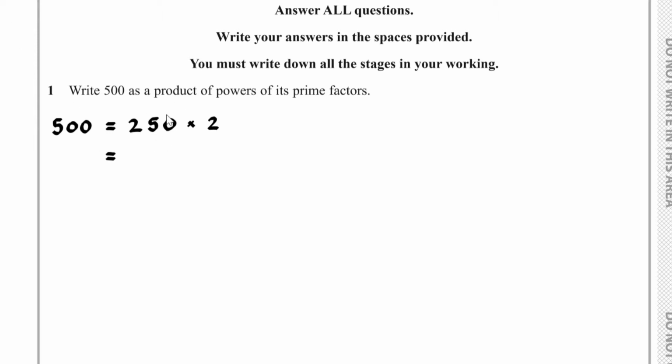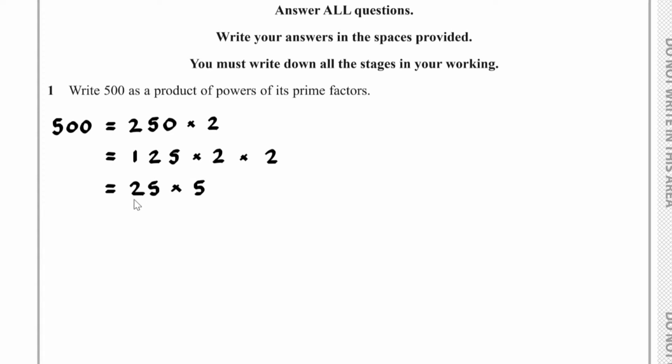We can further split the 250 as 125 multiplied by 2, and then we still multiply by 2. The 2 is a prime number, the 125 is not a prime number, so we can further split up the 125.